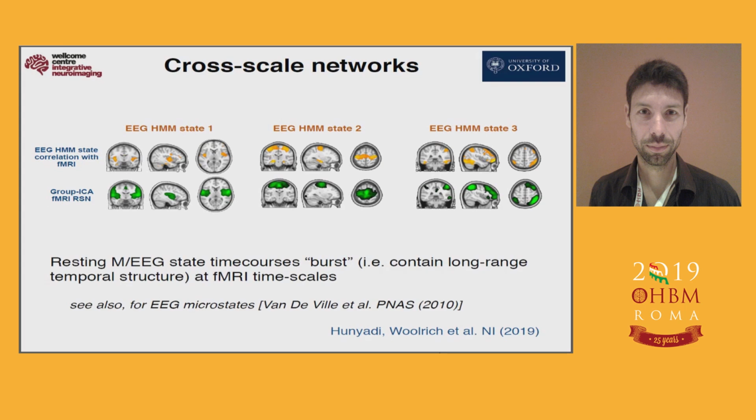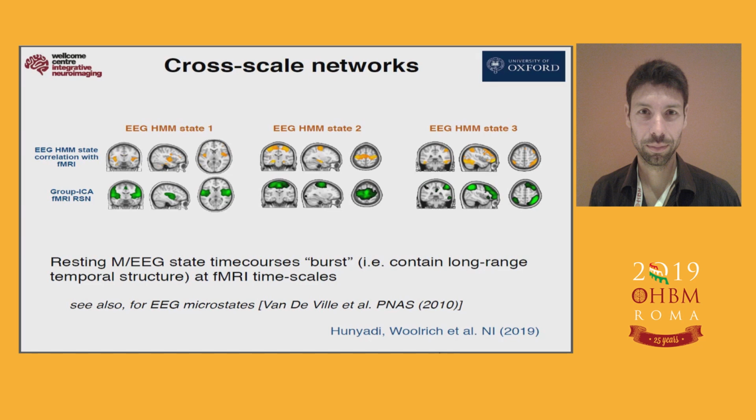So the hypothesis, or the way we conceptualize this, is that perhaps the resting state networks that we see in MEG burst, they go on and off, but these bursts, when looking from a little bit farther away, from a slower time scale, maybe burst at time scales that match with fMRI.